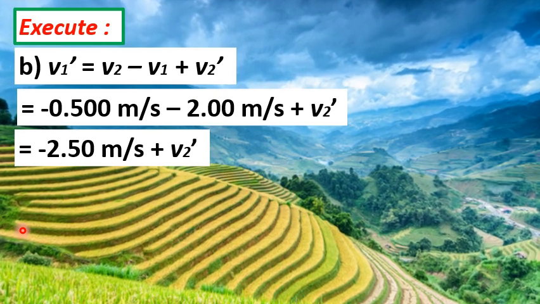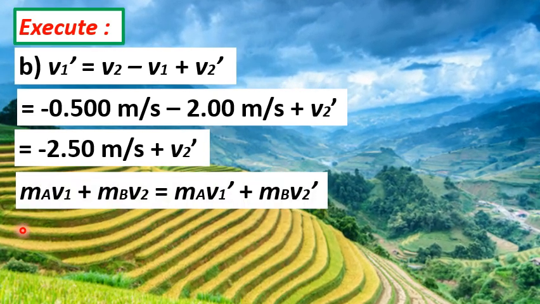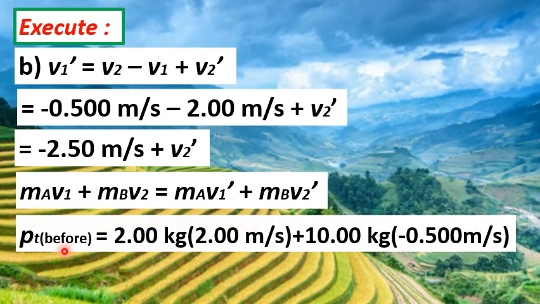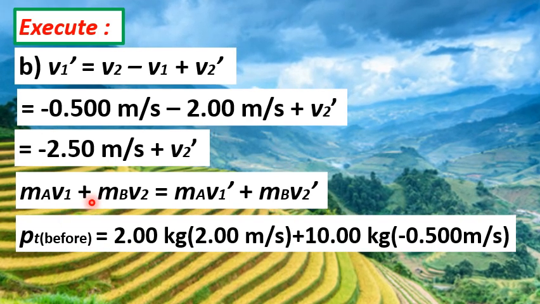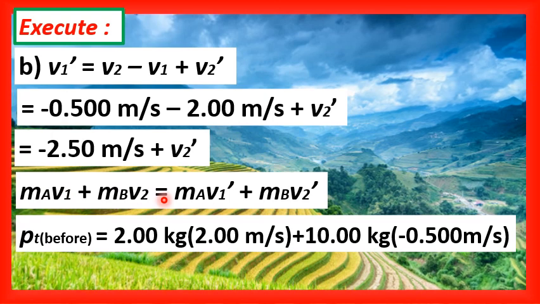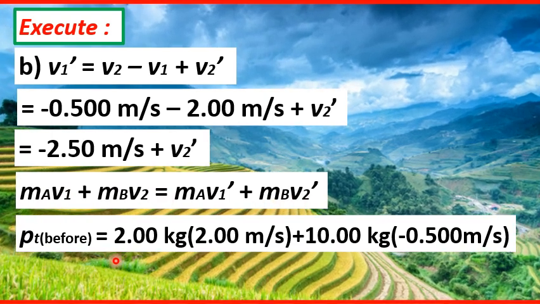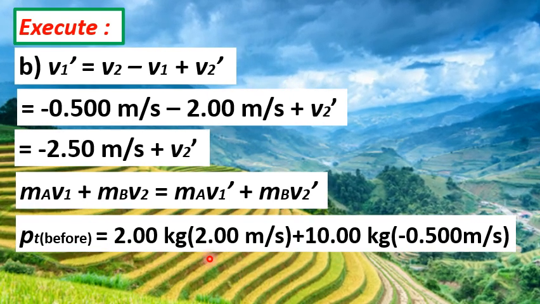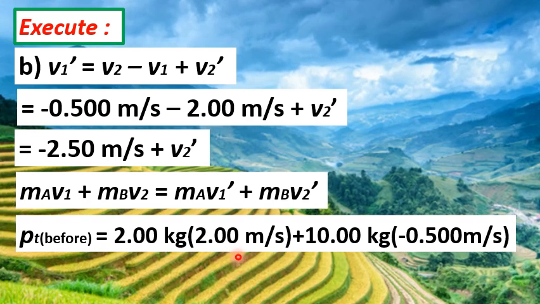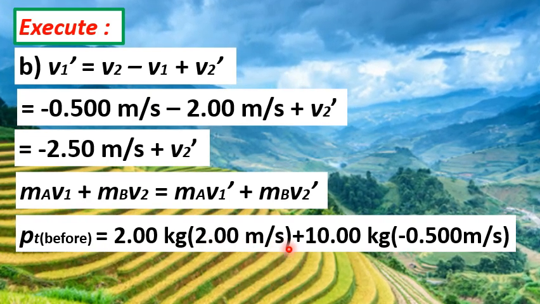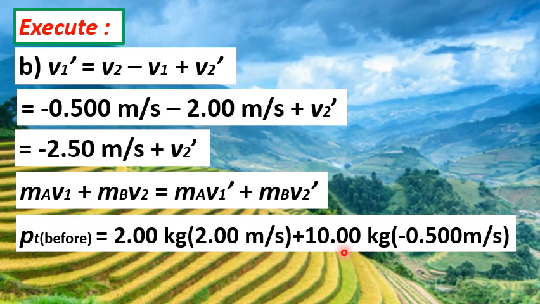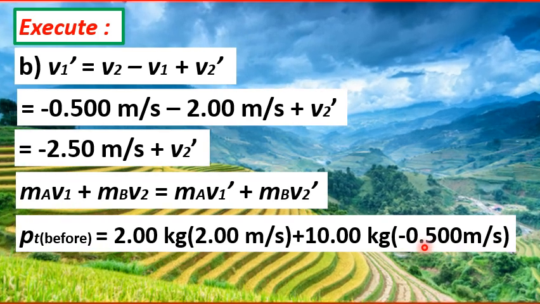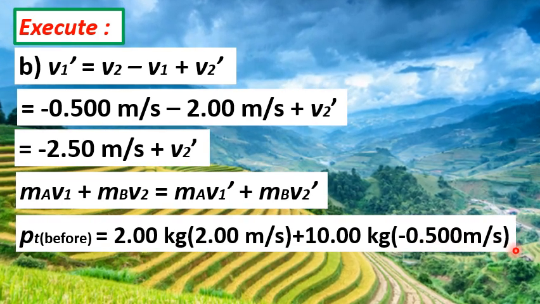this is the total momentum before the collision, or the left side of our general equation here. That is, the mass of block A, 2.00 kilograms, multiplied by its velocity before the collision, 2.00 meters per second, plus the mass of block B, which is 10.00 kilograms, multiplied by its velocity before the collision, negative 0.500 meters per second.